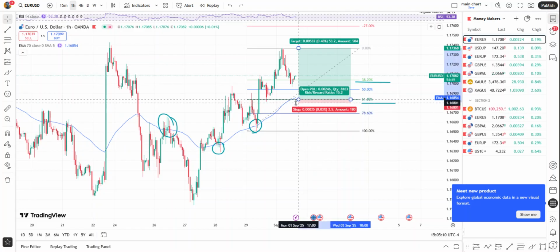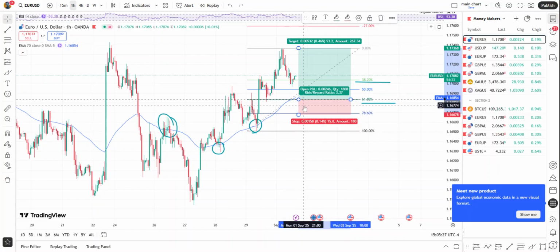Not something tiny like this, but maybe halfway to the next level, which is the 78. If you want to be safer, you can put it a little under the 78 level, but I don't really see any reason why I would do that because this pair is not very volatile, meaning that it doesn't often give crazy long wicks. So I'm good with having it somewhere like here.